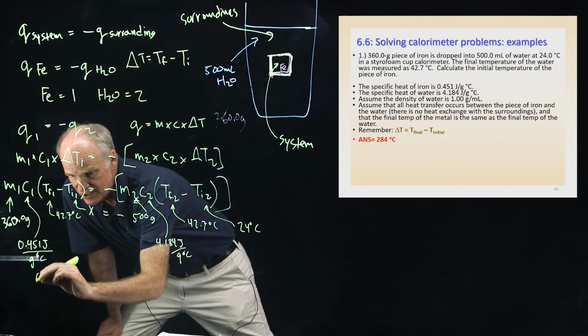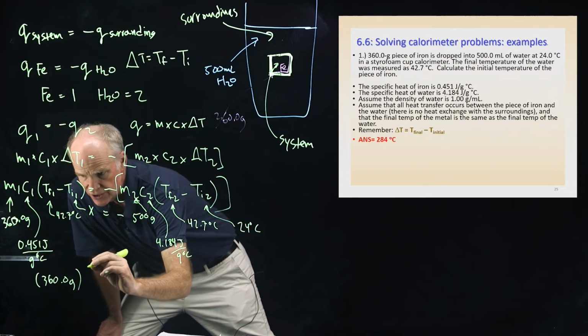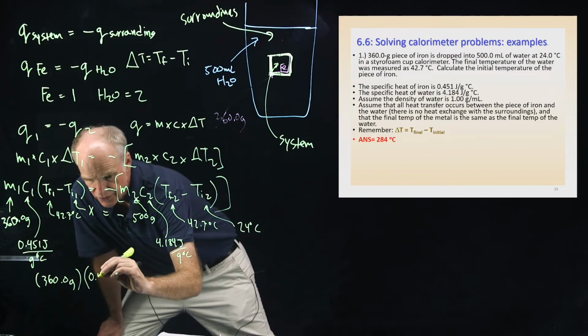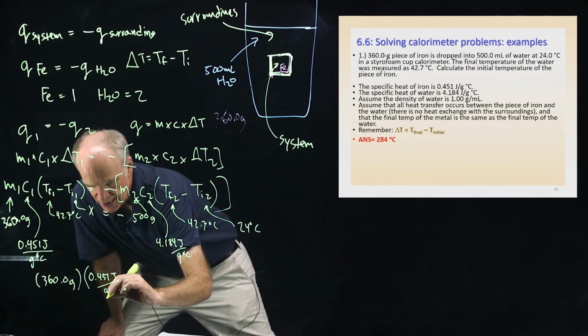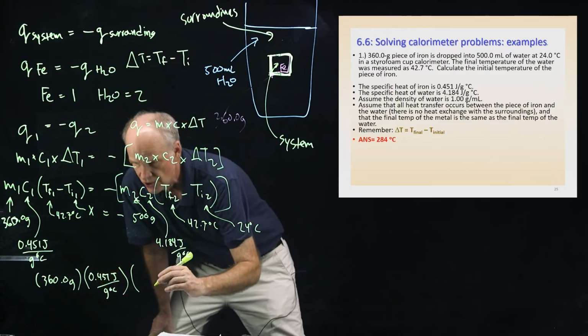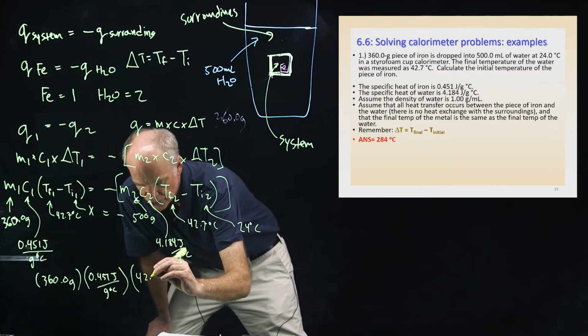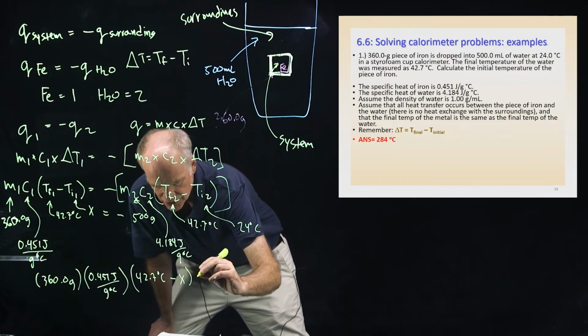Okay, so I'm going to have to get down here. So M1 is 360.0 grams, right? C1 is 0.451 joules over grams degrees Celsius. And then T final is 42.7 degrees Celsius minus x. So we're trying to solve for that.